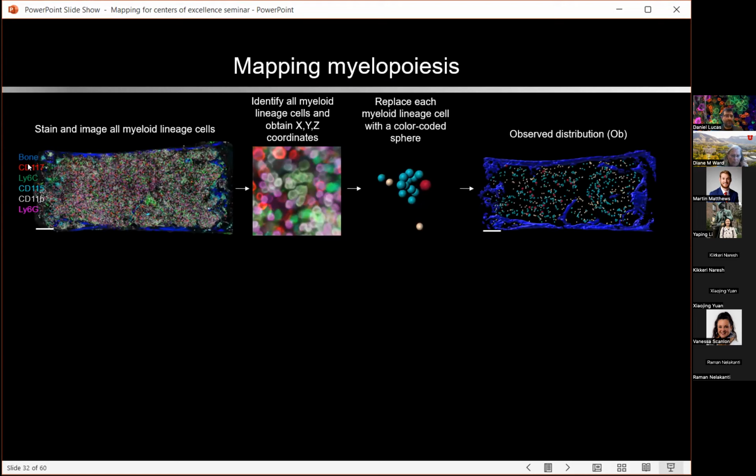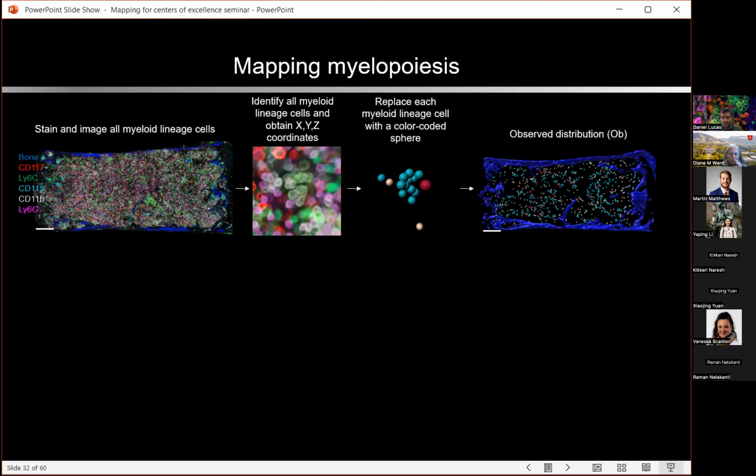I am showing you the signal for the different antibodies, plus the bone surface that we detected using second harmonic generation. We went through the sample and identified all the myeloid cells of interest and got their coordinates, and then replaced them with color-coded spheres to generate the maps of the observed distribution.